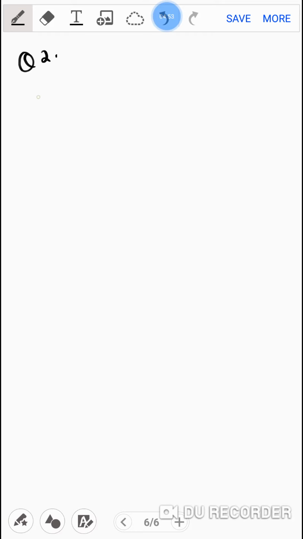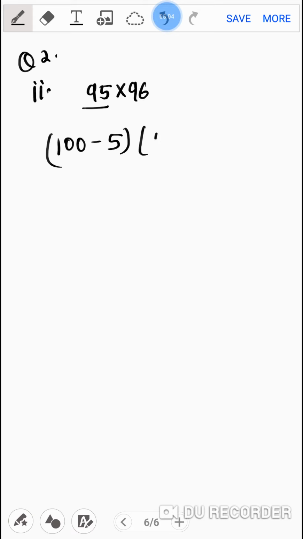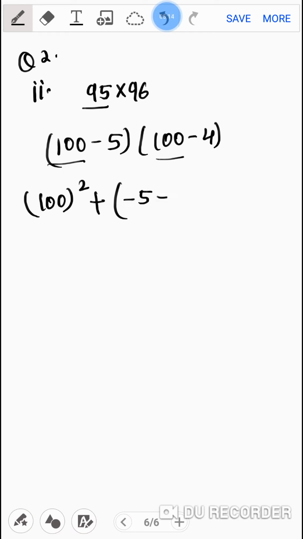I'll jump on to question number 2, second, and it says 95 into 96. My dear kids, can I write 95 as 100 minus 5 and 96 as 100 minus 4? Yes? Okay, let's start the same procedure. First term squared, plus the addition of the second terms but with their sign, multiplied with the first term, plus the multiplication of the second two terms.